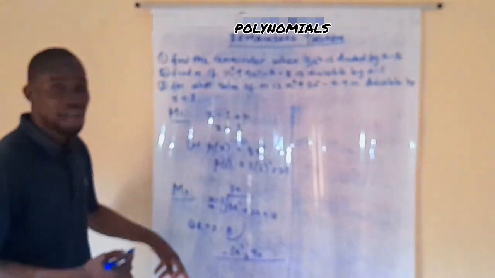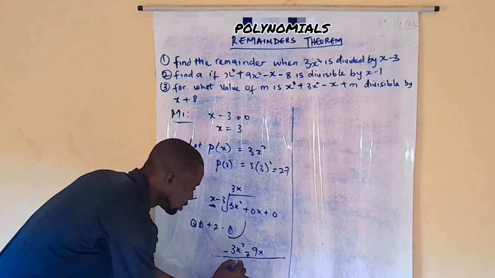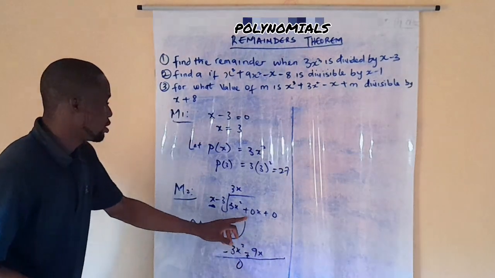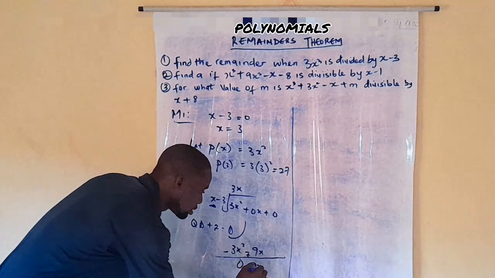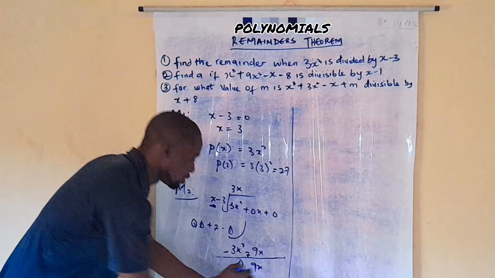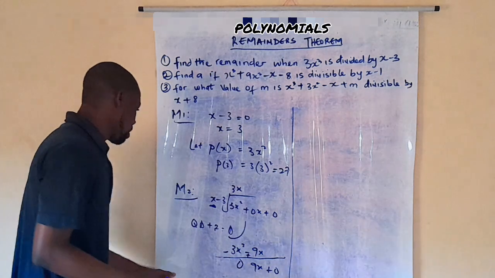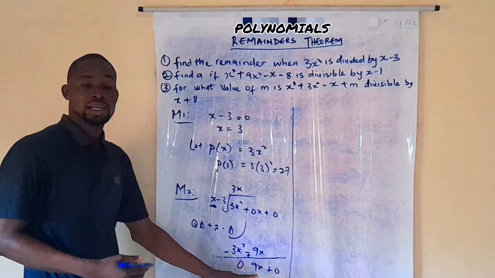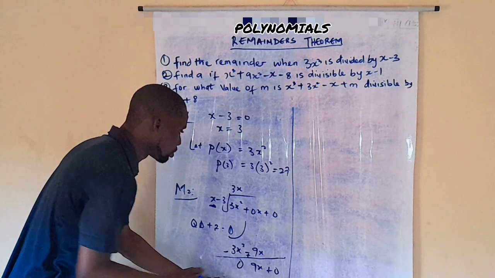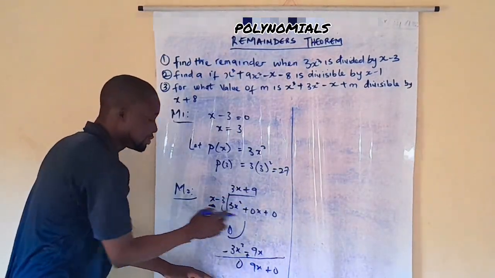Let's add. So 3x squared minus 3x squared is gone. That's 0. 0 plus 9x is 9x. And then that's 0. So let's just write plus 0 there, just for us to see our solution very well. And finally, x in 9x means 9x divided by x. That gives us 9. 9 times everything here.